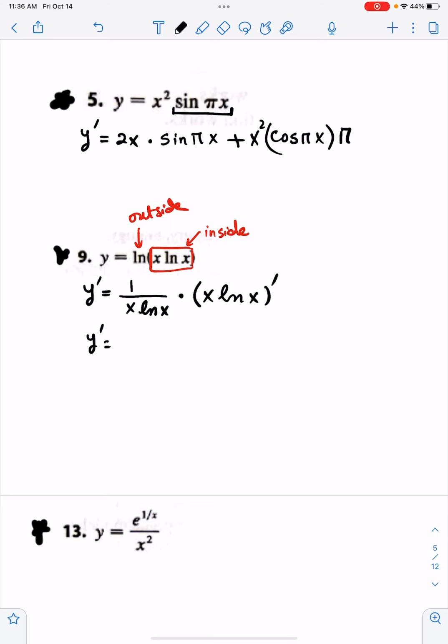So y prime is 1 over x ln x, rewriting, times, now dealing with this piece, it's a multiplication of two functions: the derivative of x times ln x plus the derivative of ln x times x. So that's the derivative of the first one times the second, plus the derivative of the second times the first.